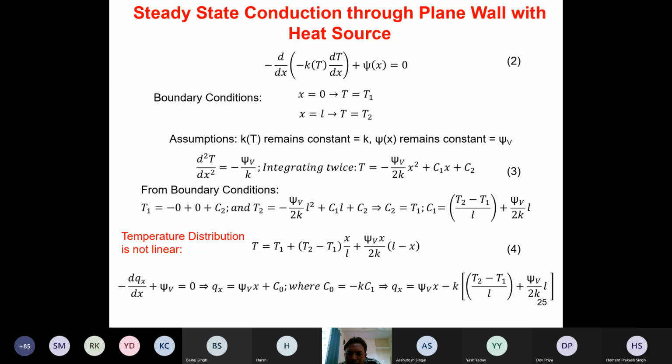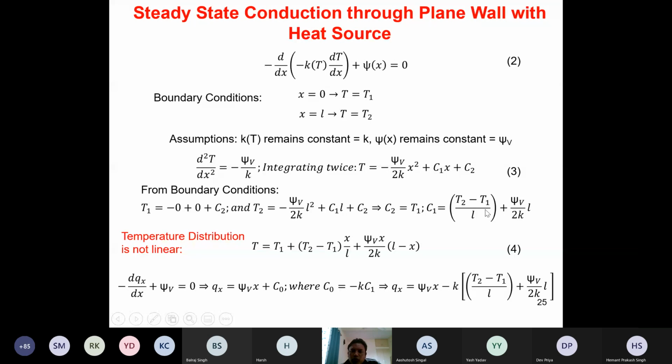Yes, sir. Now if we put C1 and C2 in this equation, where would L square go? L would be getting divided. Here you can see L is divided into T1, T2 minus T1. Remember, that is why this L square is gone from here. Okay, sir.